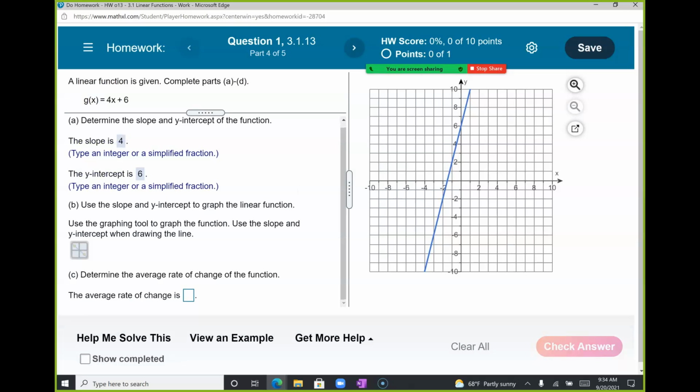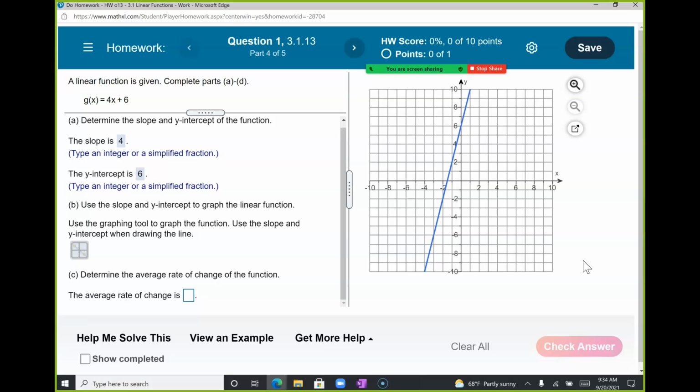Determine the average rate of change, and that is what? What are they asking for when they ask for average rate of change? The secant slope. Yeah, the secant slope. Nice. And so we already know, right?